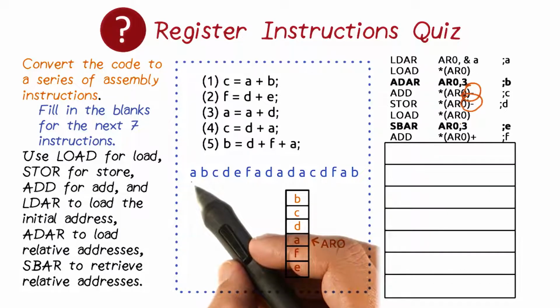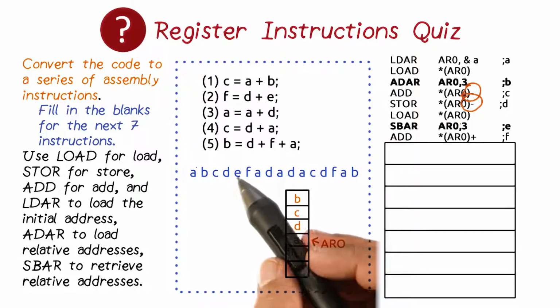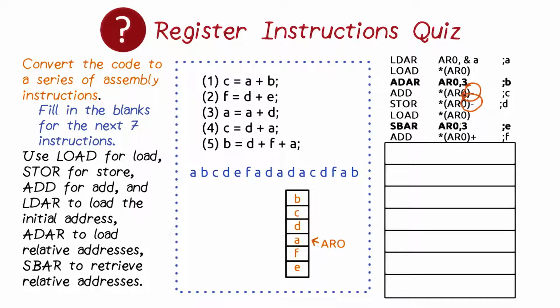First and foremost, we need to access A, and therefore we generate the LDAR instruction which loads the address of A into the address register AR0. Next, we carry out a load on that address register which will bring the value of A in the memory into a register.